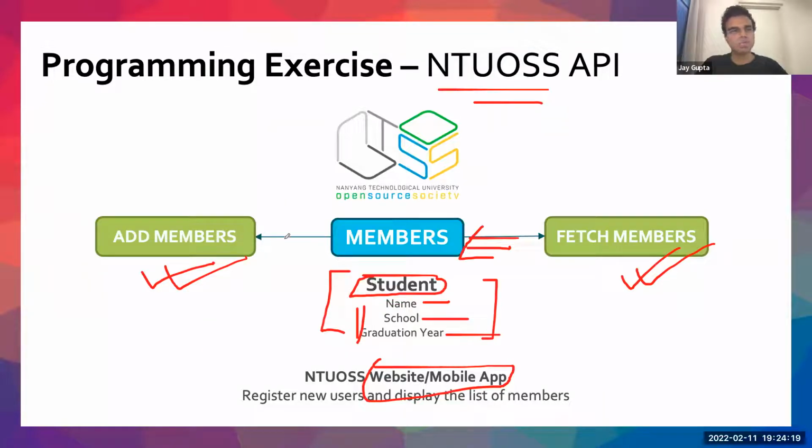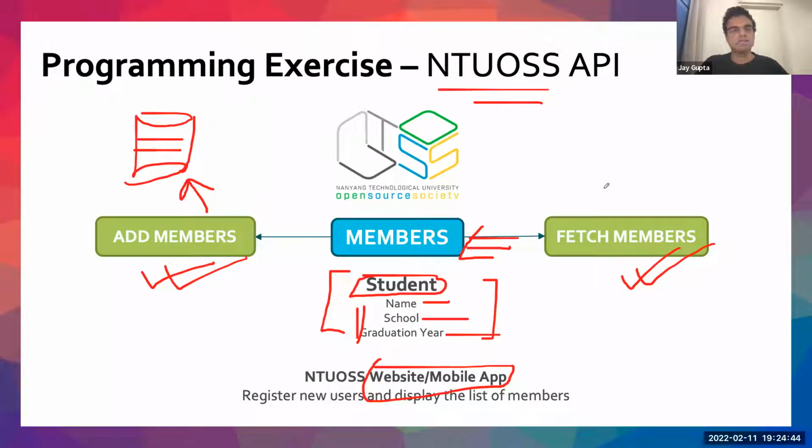Once you do that, the API will call the server and add your details into the server. So suppose we have a database, say a SQL database, or any database, the API will basically add your name to the NTU OSS server.